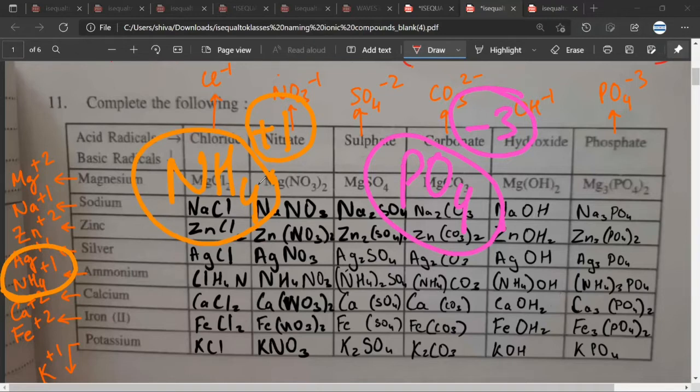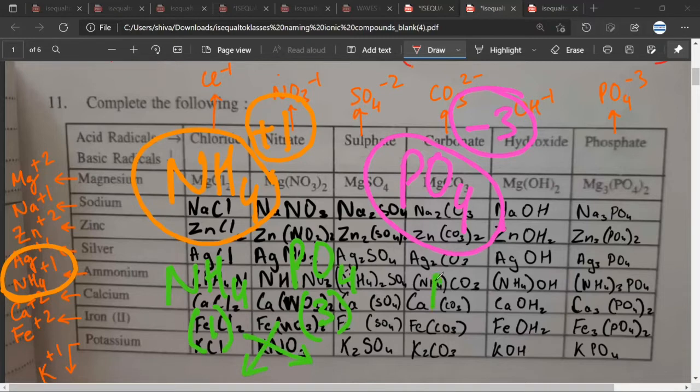Now when I have to form this compound, the process remains the same. Take NH4 and write its valency below it without the sign. The second party is the anion. Take the anion and write its valency below it without the sign. Any doubt? No doubt, sir. Then do a crisscross.